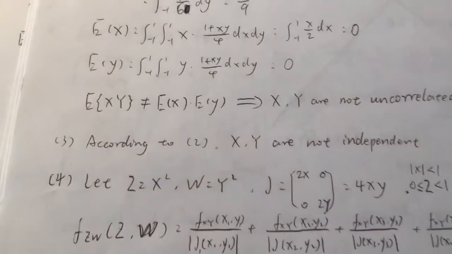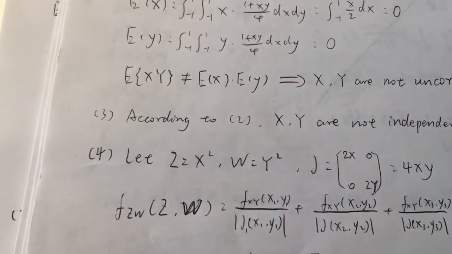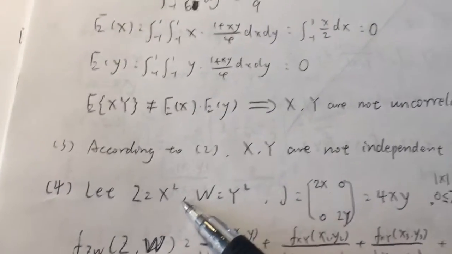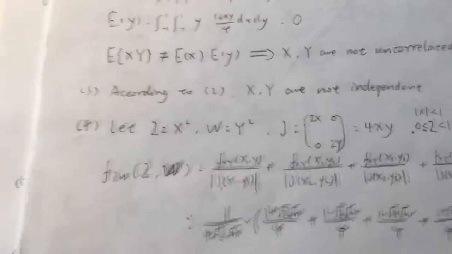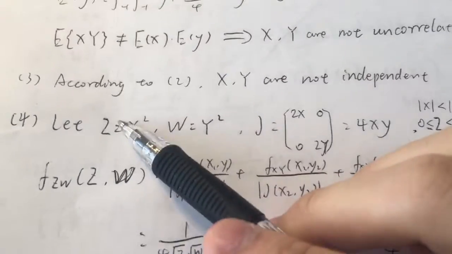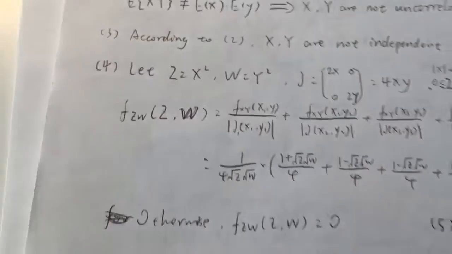Now in the next question, we need to find the joint density function of the square of x and the square of y. So we can set two other variables, z and w, which we can call omega.